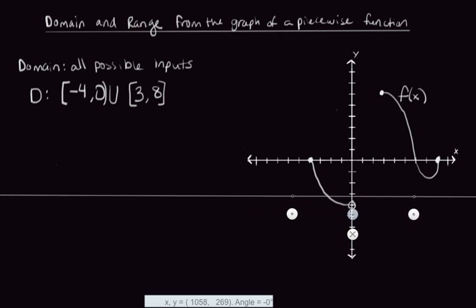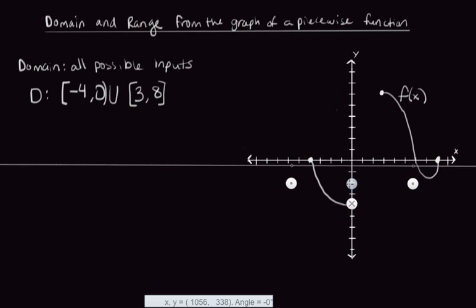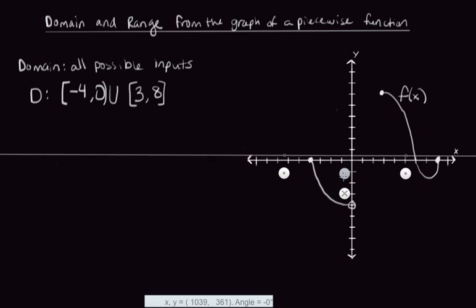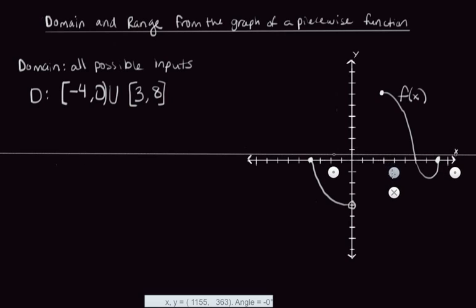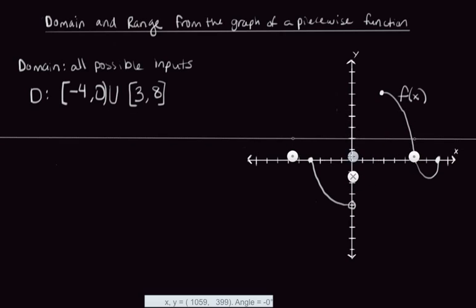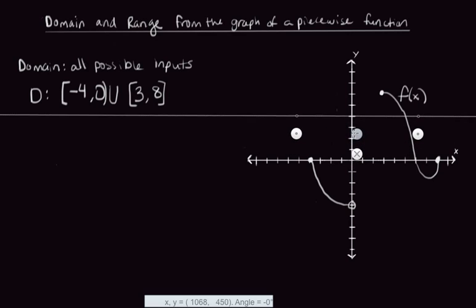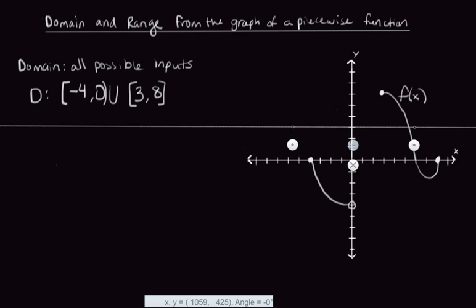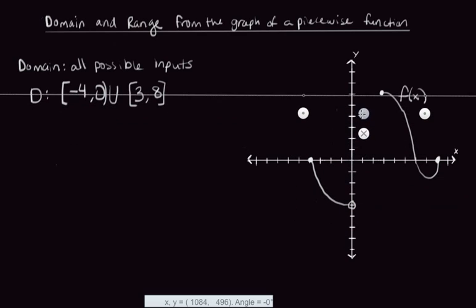So then I have values, I have values, I have values, I have values. Now over here, I stop having values on this left-hand portion, but I keep having values on the right-hand portion. So I'm still having range outputs coming all the way up through 1, 2, 3, 4, 5, 6. So I keep having range values all the way from -4 up to 6.